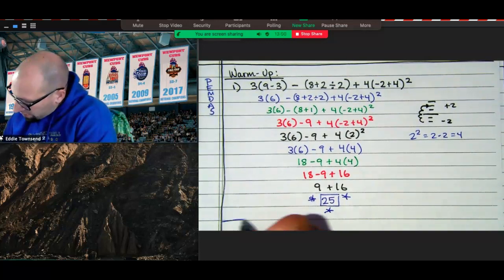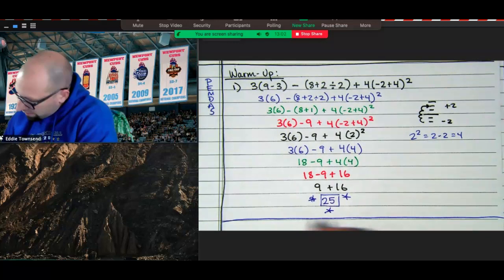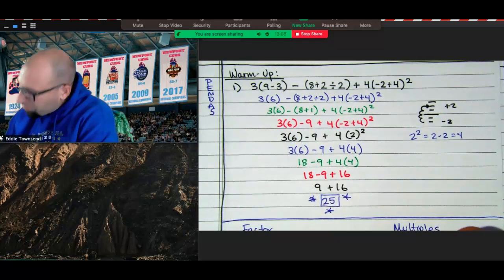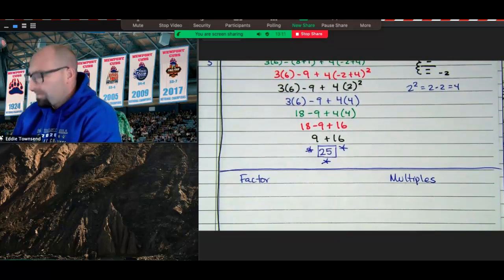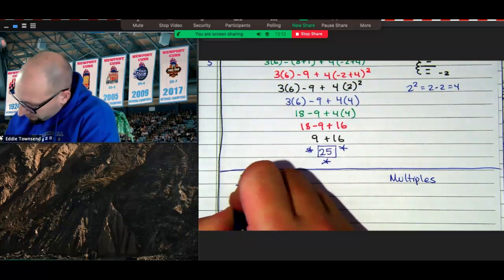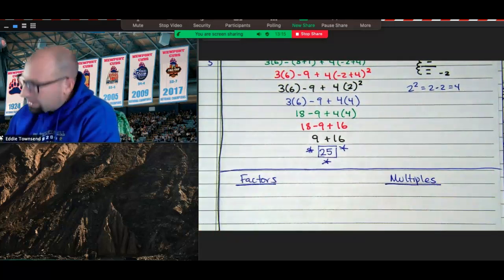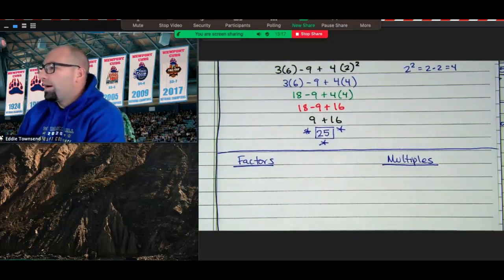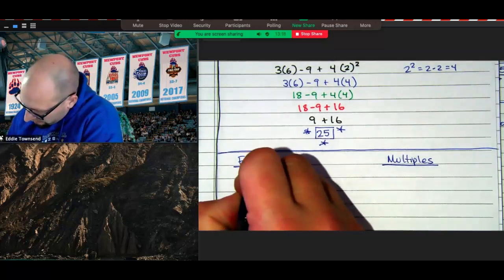Okay, so one other thing I want to touch on before we go to our assignment is we've got factors and we've got multiples. Okay, factors and multiples. So let's use the number 12.